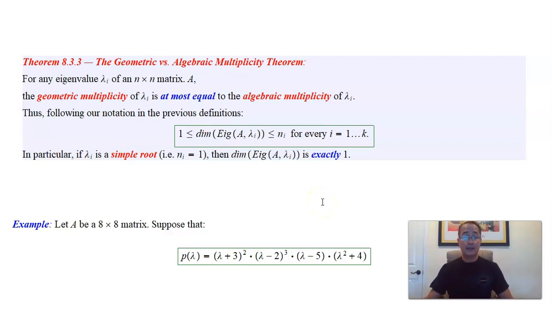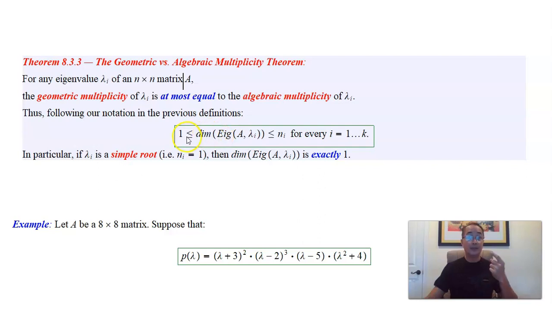For every eigenvalue lambda I of our n by n matrix A, the geometric multiplicity of lambda I is at most the algebraic multiplicity of lambda I. So, in other words, using the notation that we had in our previous definitions, the dimension of the eigenspace for A with respect to lambda I has to be between 1 and n sub I. It's an eigenvalue, so therefore there's at least one eigenvector, and eigenvectors are not allowed to be the zero vector.